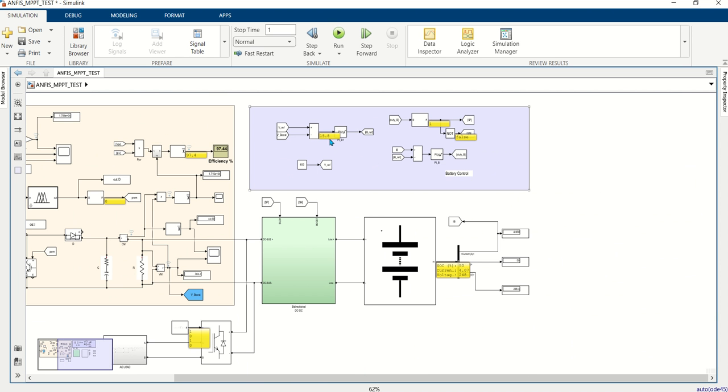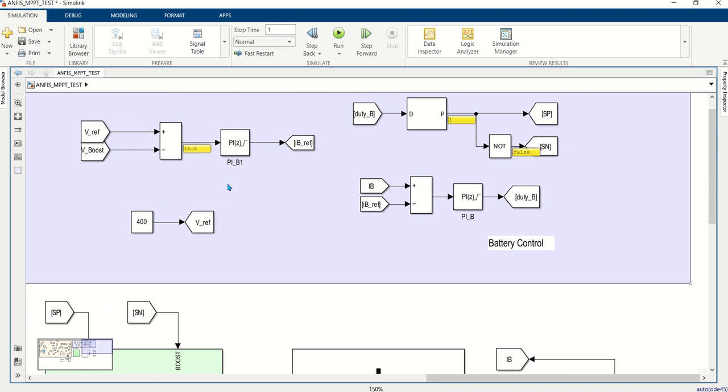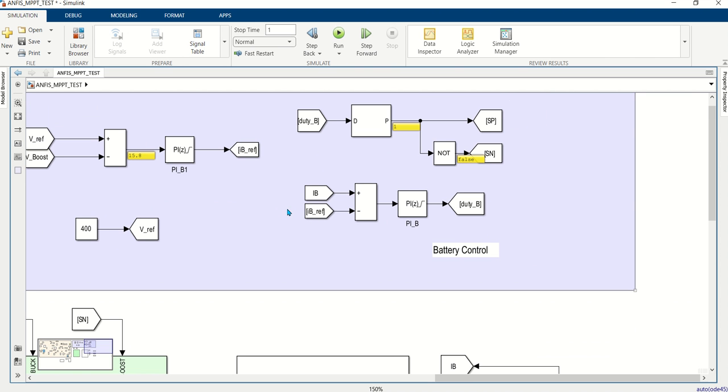So based on this, it gives us the IB reference current that we will compare with the battery current. So both currents will give us an error signal that will be fed to the PID controller and that generates a duty for us.